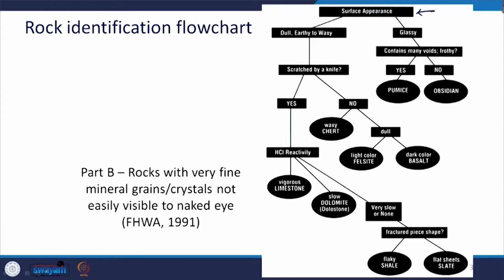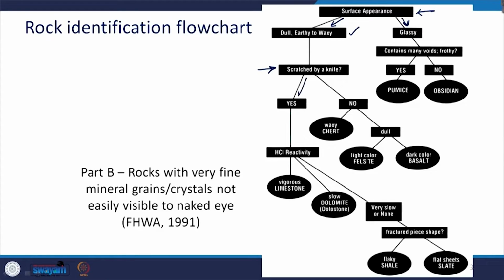Coming to the next category, where we cannot see these grains or crystals by our eyes, there we have to take into account the surface appearance. Whether it is dull, earthy or waxy, we go in this direction, and if it is glassy, then we have to come to this direction. If it is dull, earthy or waxy, then the next step is to check whether this is scratched by a knife or not.